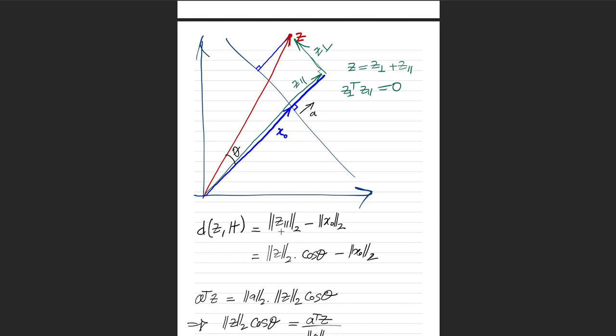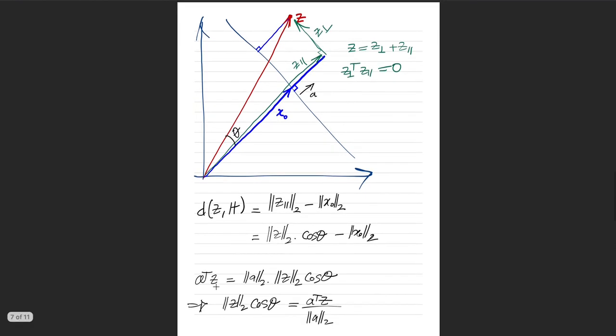The length of z parallel is nothing but the length of z times the cosine of this angle theta, minus, and then here we have this. So what is this cosine of theta? Well, we know that A transpose z, remember A is the same direction as x0.